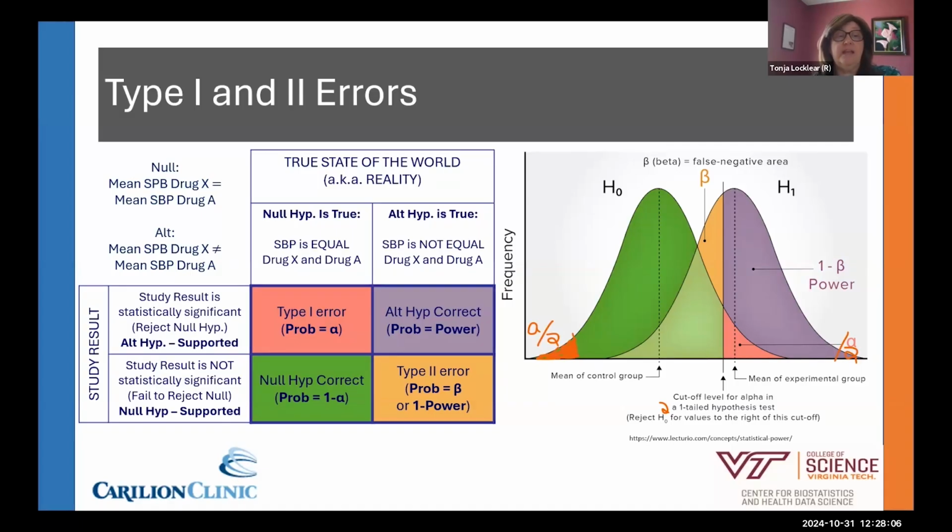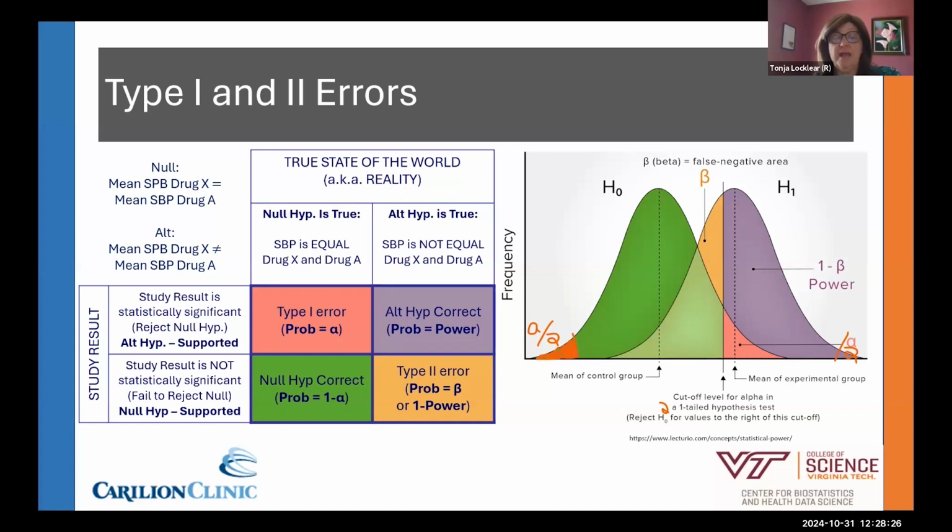If we end up having our null hypothesis supported and the null hypothesis is actually true, then that's our 1 minus alpha. That's our 95% chance. So we have a 95% chance that if our null hypothesis is actually true, we're going to find that it's true with our data.